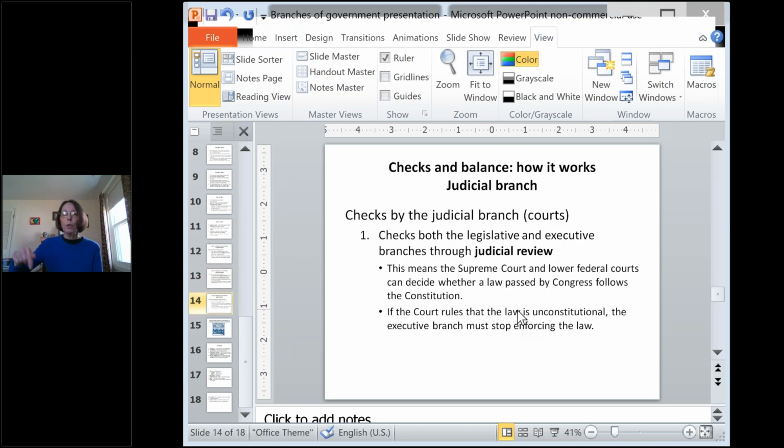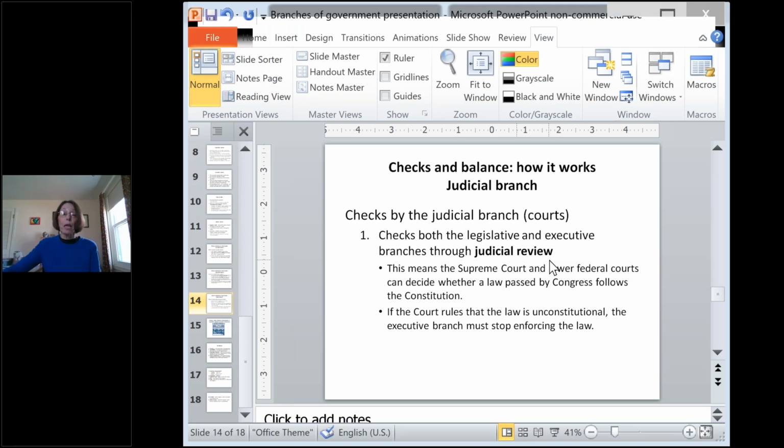Let's look at the judicial branch, the courts. The courts can limit the power of both Congress and the president, or the executive branch, because they can decide whether a law passed by Congress is constitutional, follows the Constitution. If they decide the law is unconstitutional, they have to stop enforcing the law.